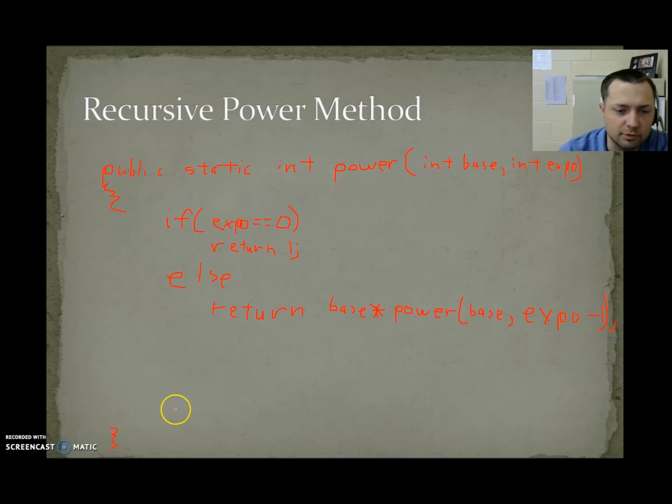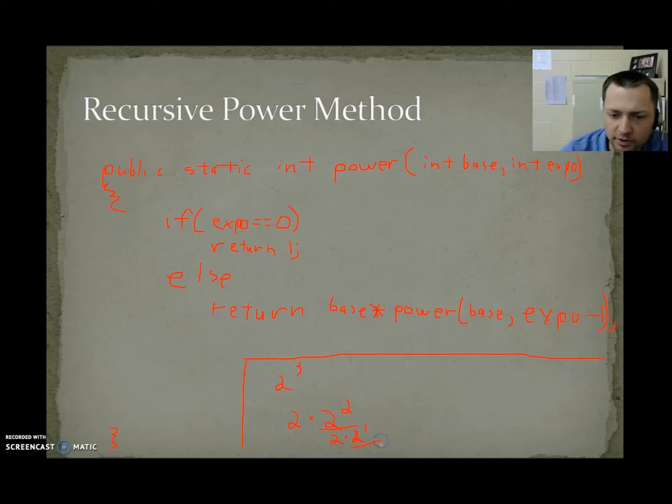So I'm going to do an example. If we have 2 raised to the power of 3, what's going to happen is we would like to say, well, that's really 2 times 2 raised to the 2nd power. Then you're going to say, well, 2 to the 2nd power is 2 times 2 to the 1.